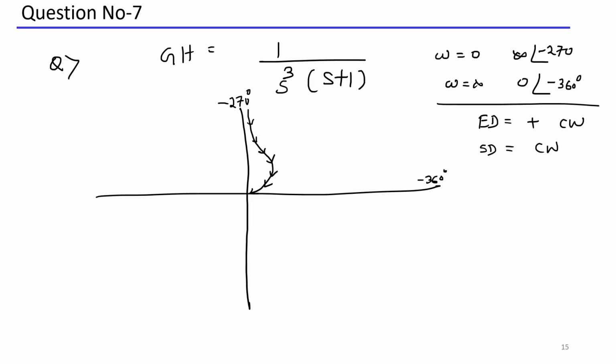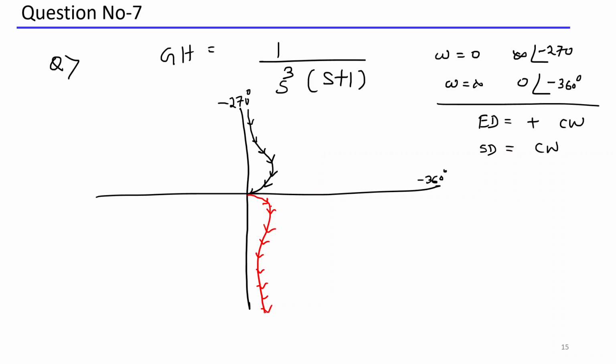Now take the mirror image. You take the mirror image, and this will be like this, right? I'm just making it bigger. This is the mirror image of the first plot. Then how many infinite radius half circles are there? 3, sir.